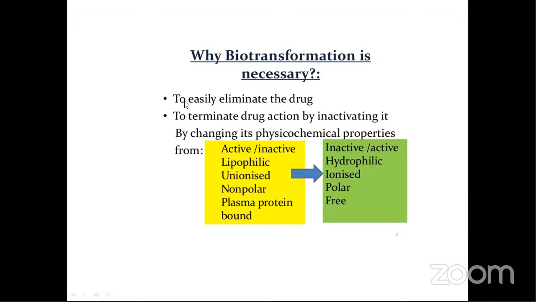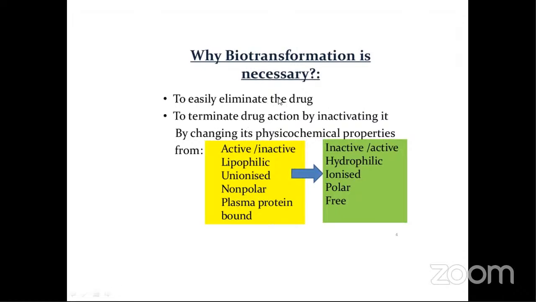By biotransformation you can find out the elimination of drug substances. So elimination is also most required. For that you have to go for biotransformation. Without biotransformation there is no elimination; directly elimination is not possible. So absorption, distribution, metabolism, then excretion or elimination.